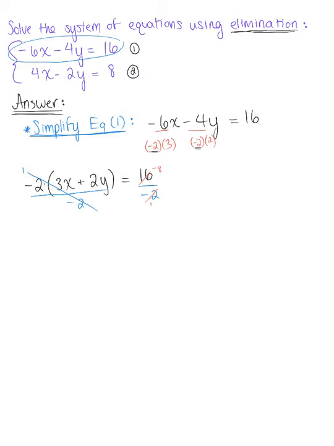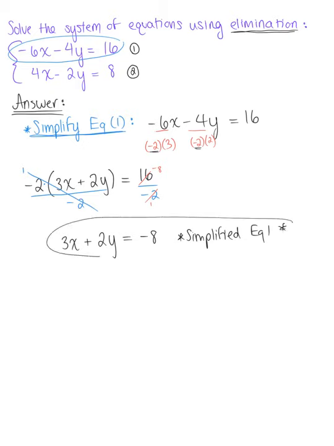So this simplifies to 3x plus 2y is equal to negative 8. So this is our new equation 2 here. Well, it's not, we should be more careful. It's not new, it's our simplified equation 2. Or simplified equation 1, pardon me.